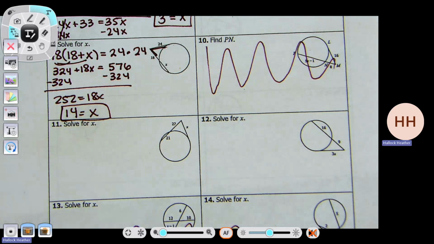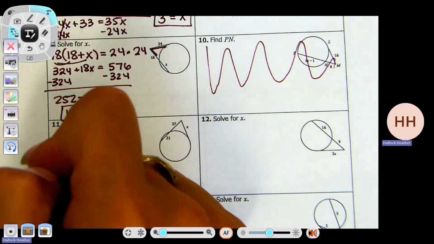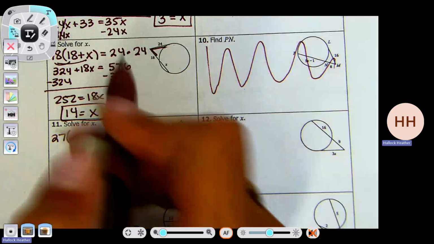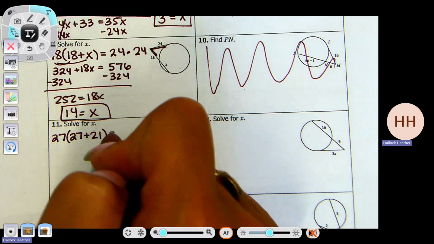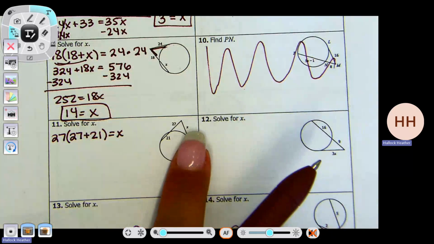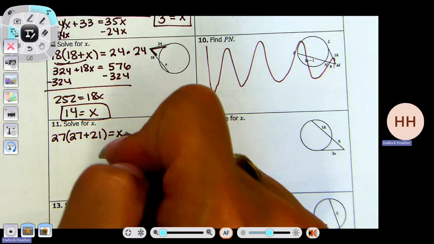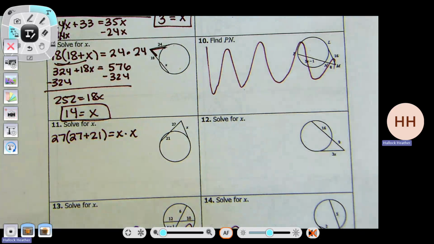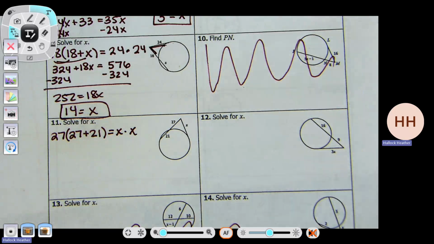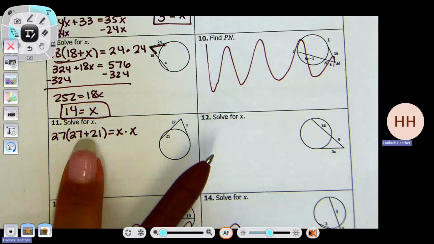Same thing: I take something on the outside with something on the outside. 27, and then what am I adding together? 27 plus 21. Now on the other side, I have x, and I'm multiplying by x, which is not 2x, it's x squared. From algebra 1 and even pre-algebra, you should have learned that x plus x makes 2x, x times x is x squared. So let's add this and multiply.